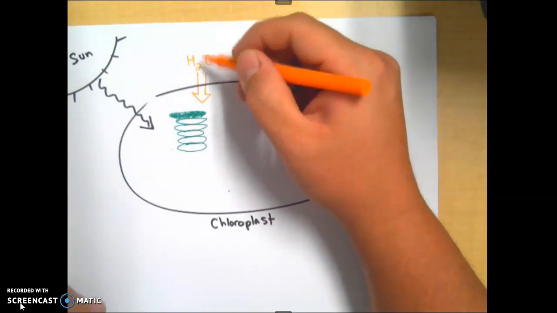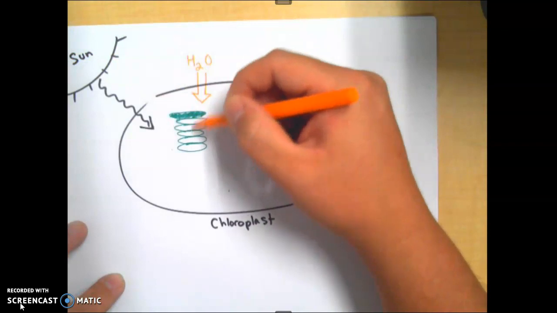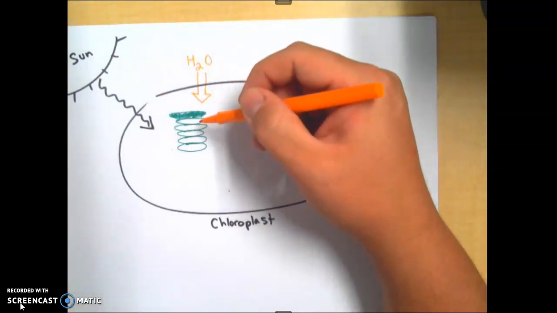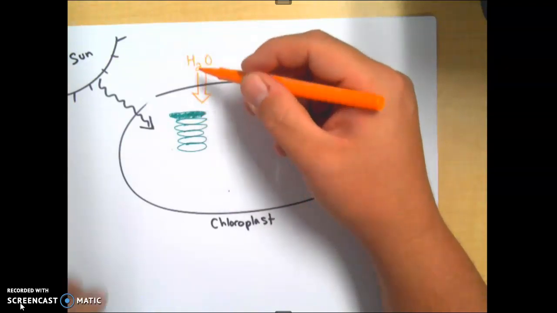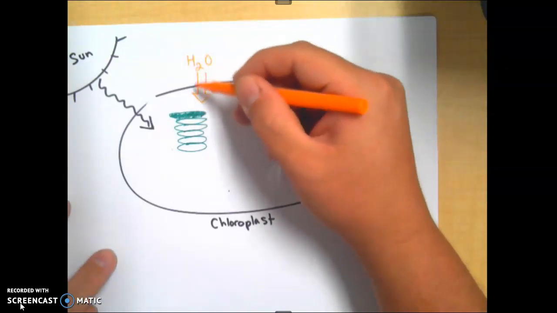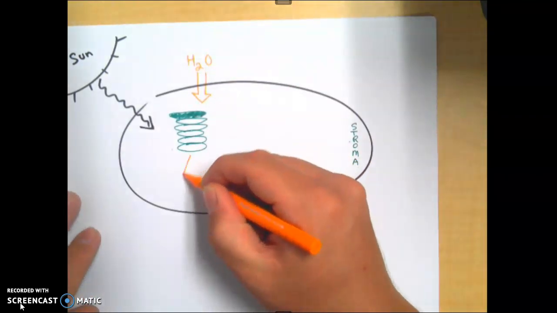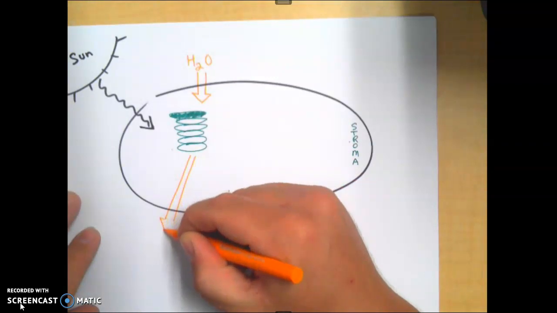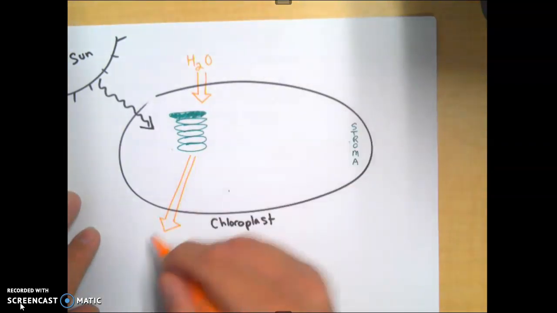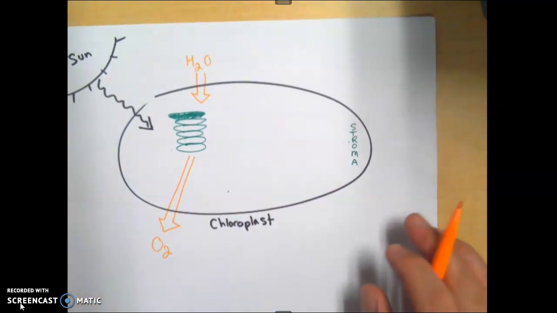And as this water comes in and the sunlight hits these thylakoids, it's going to take some electrons away from this chlorophyll, and as a result, it's going to start breaking this water up. And what we get from it on the back end is this plant is going to release oxygen, so O2, what we breathe out.